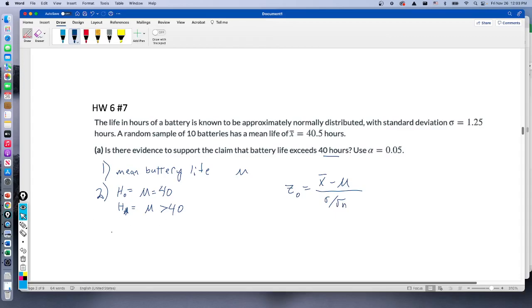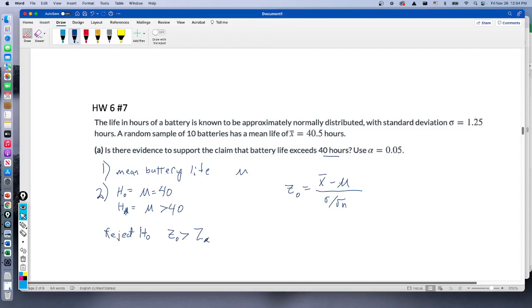And then when do we decide to reject? Well, we reject H naught. What are we rejecting? We will reject H naught if our measured z-value is greater than the z-value of alpha, the test.